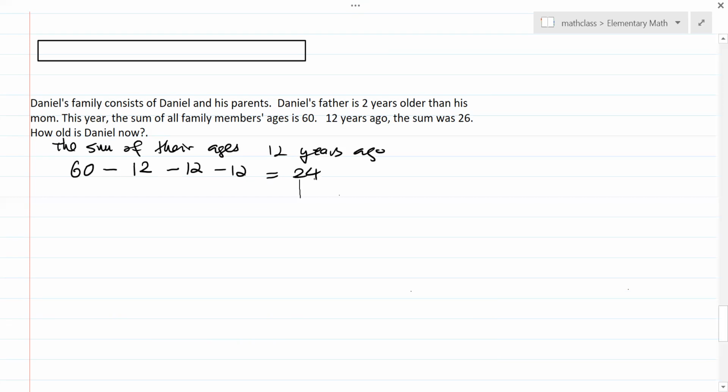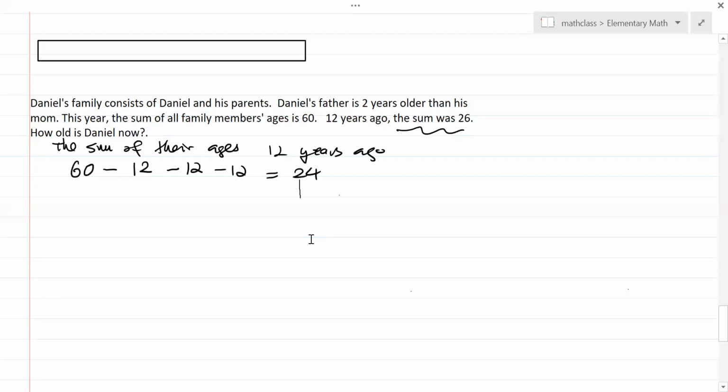But you were given that the sum of their ages is 26. So what's wrong with that? There's something wrong here. That means your assumption is wrong. We assumed that everybody was there.